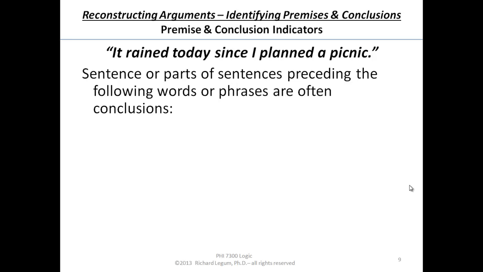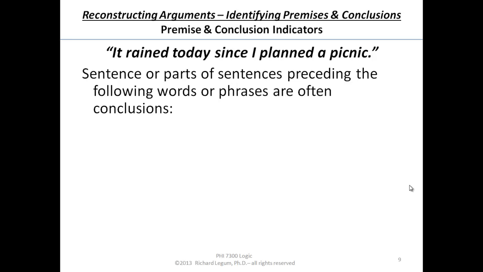It rained today since I planned a picnic. That is, I planned a picnic. You might say, therefore, it rained, or I conclude from the fact that I planned a picnic that it was going to rain. You might have a friend that thinks he or she has terrible luck all the time, so because they plan something, it gets rained out.